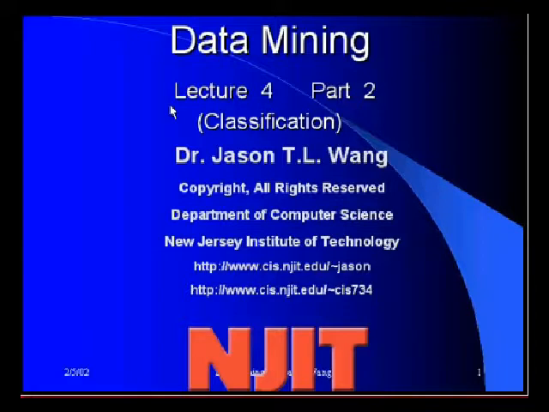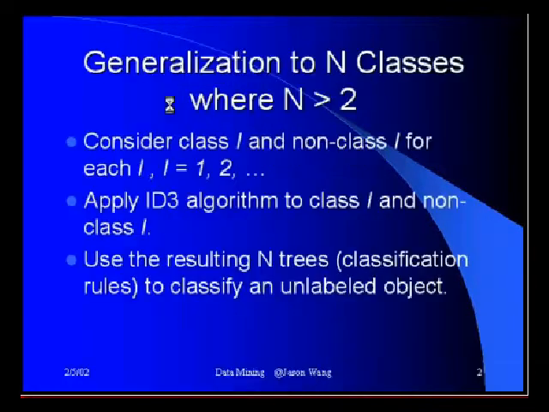In that lecture, the classification problem we considered is called the binary classification problem because we have two classes, namely the positive class and the negative class. Each training data object either belongs to the positive class or belongs to the negative class.